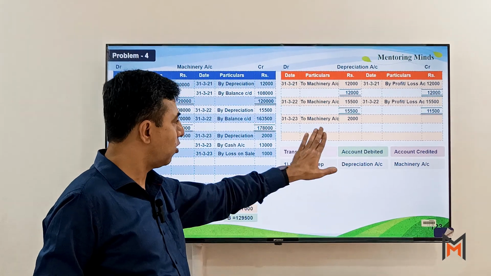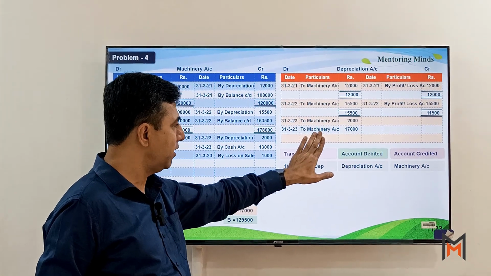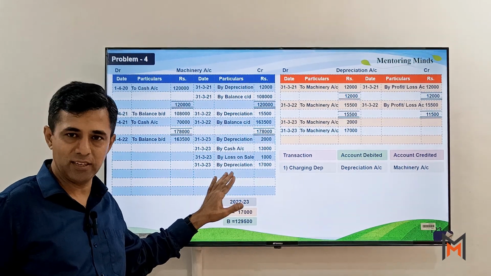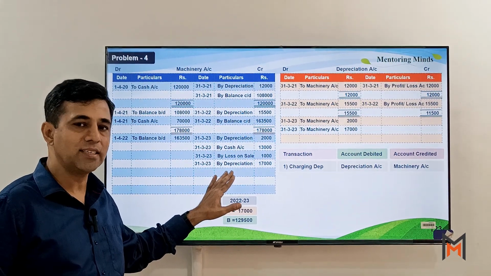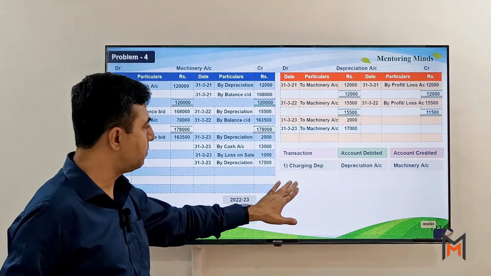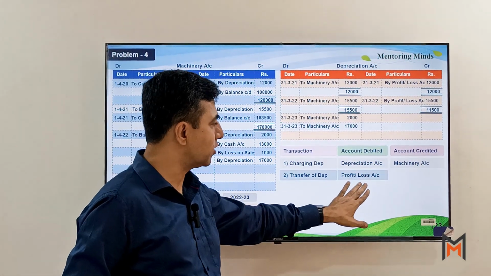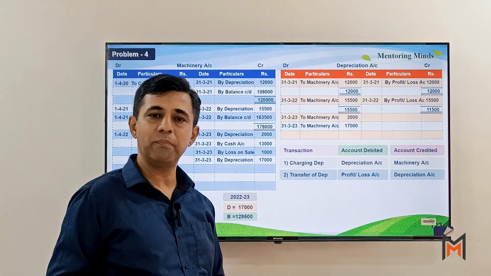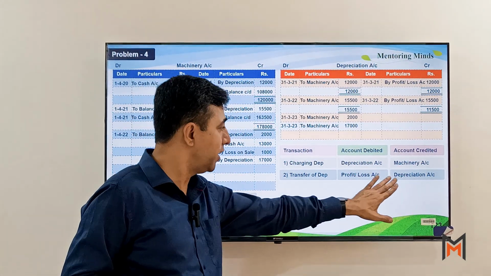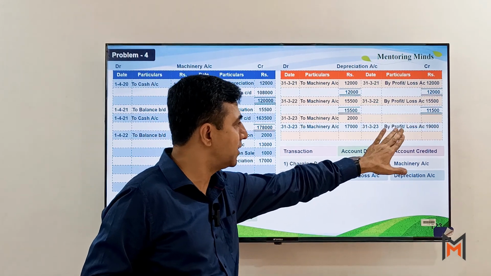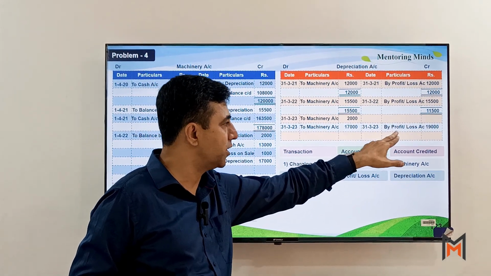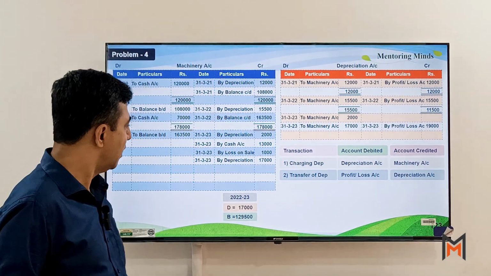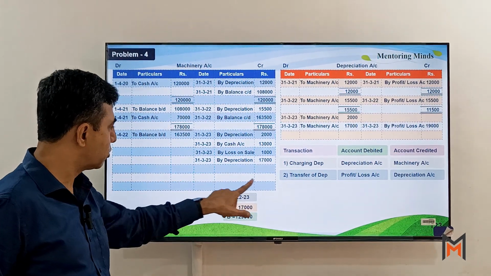So depreciation on debit side will write to machinery, and in machinery credit side will write by depreciation. And then last entry we are going to transfer this depreciation to profit and loss account. So profit and loss to depreciation. Again we are not preparing profit and loss account. So in depreciation account on credit side, on the last date of the year, we'll do the posting for transfer of depreciation. Now we are going to close the books of account.